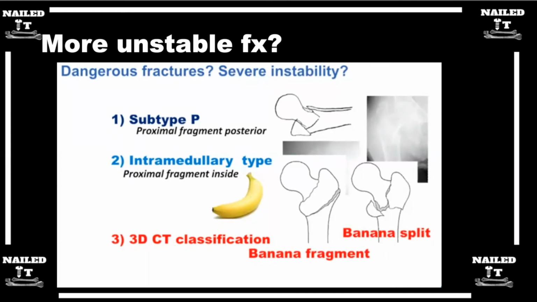These were things like where the proximal fragment was going posteriorly, or when the proximal fragment is inside the medullary canal, or you have 3 or 4 part fractures. Is this something that you go by as well, or that you've noted that you will likely need to open or reduce these fractures, and they may not just be easy to get a closed reduction?